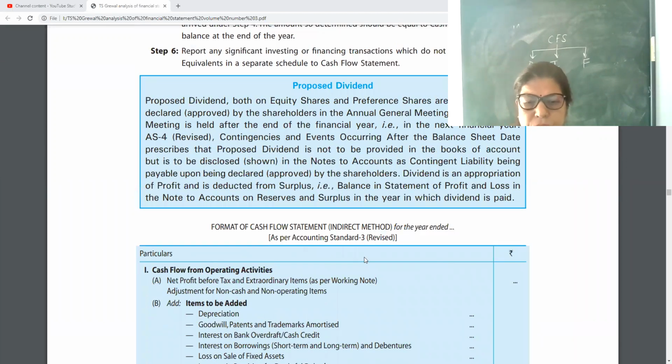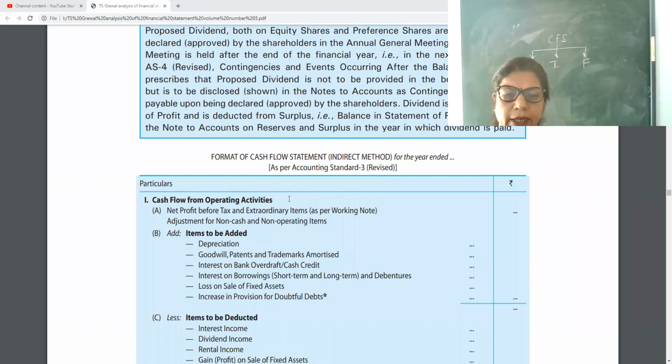According to revised accounting standard 3, you will have indirect method. First of all, the heading: cash flow statement for the year ended, with the name of the company which is given in the question. One by one, please note down.